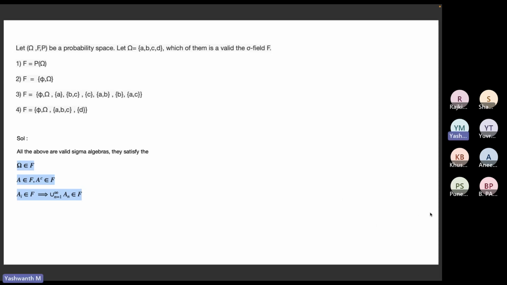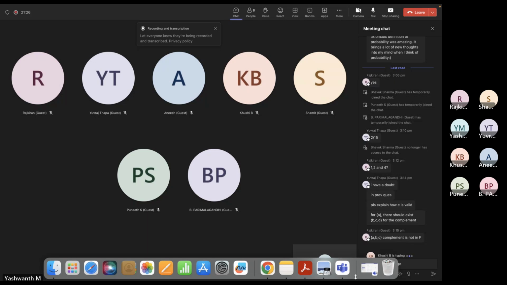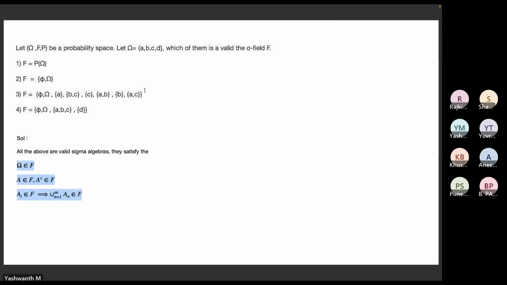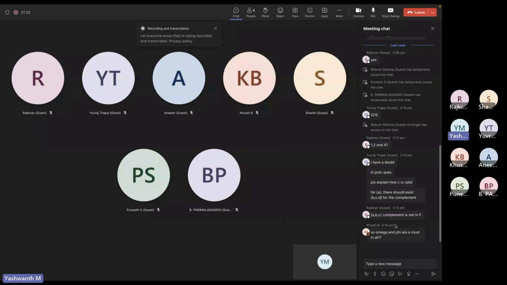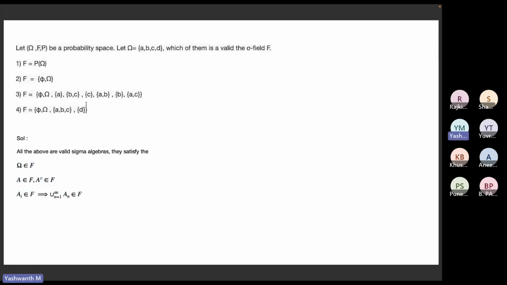Yeah, I think you are correct. That's my bad, so C is not valid. Right, one, two, and four are the valid signals.